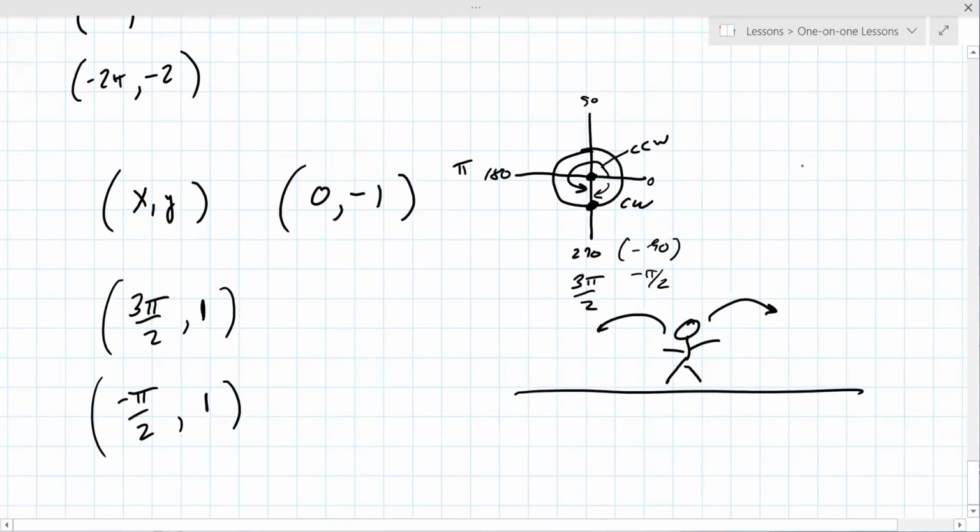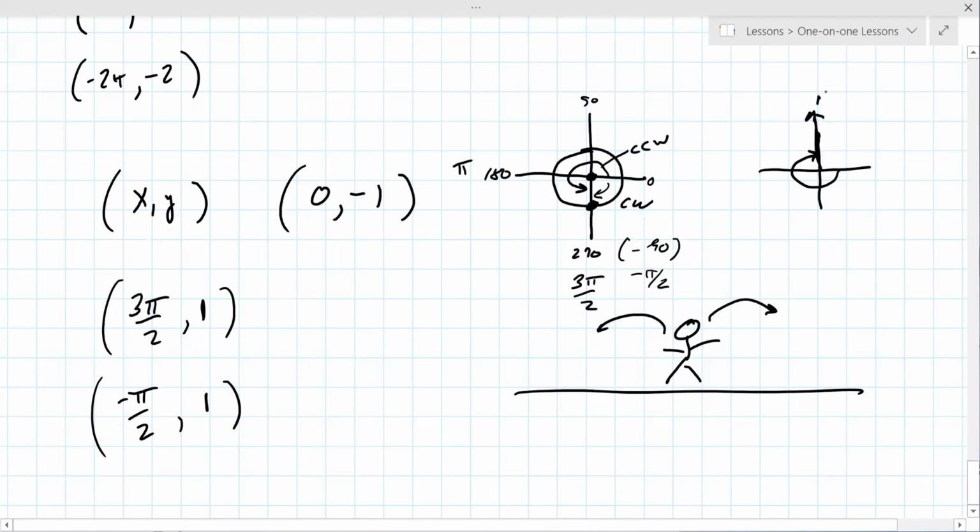Yes. You're spinning your body one way to be pointing this direction, or you can spin it the other way and get there. So why would it not be just negative 3 pi over 2 comma 1 for that one? Negative 3 pi over 2 gets you here.